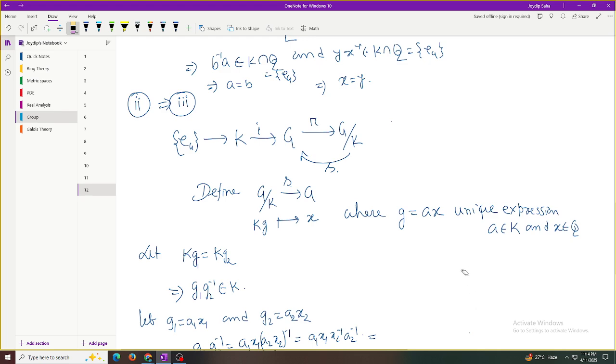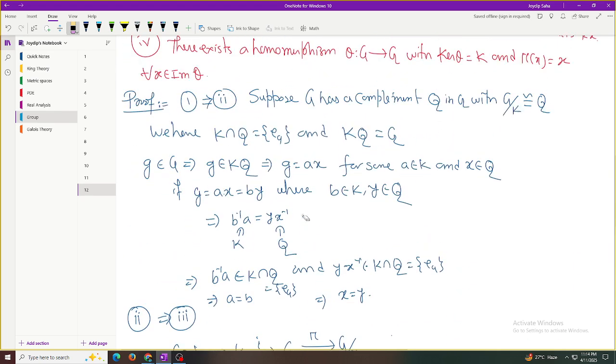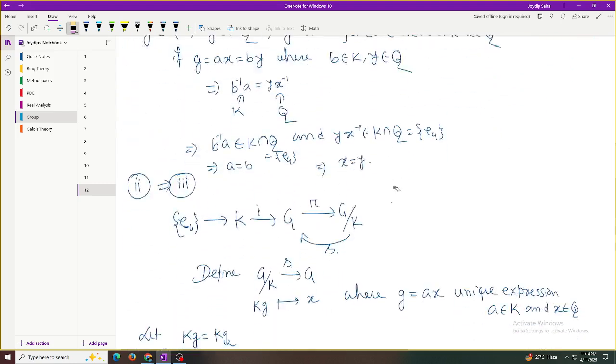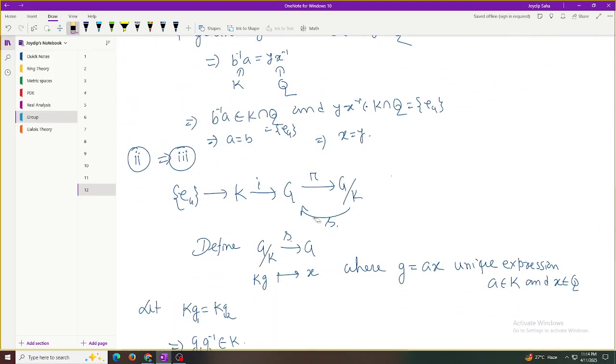What is happening here? I want to define a homomorphism G mod K to G and want to show that it is well defined.